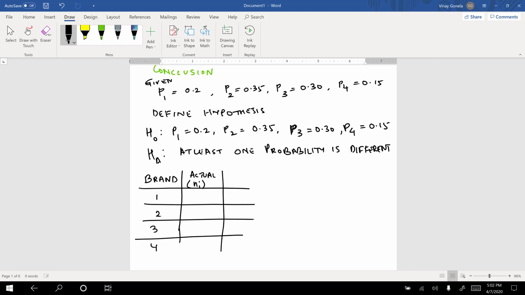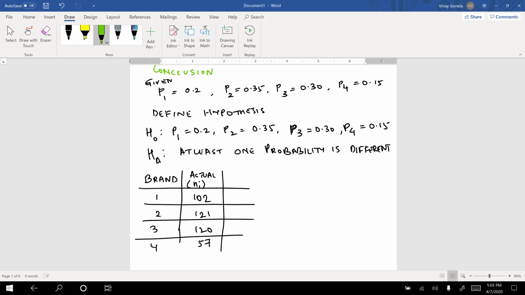So the actual sales are 102 for brand 1, 121 for brand 2, 120 for brand 3, and 57 for brand 4. This is the data given.